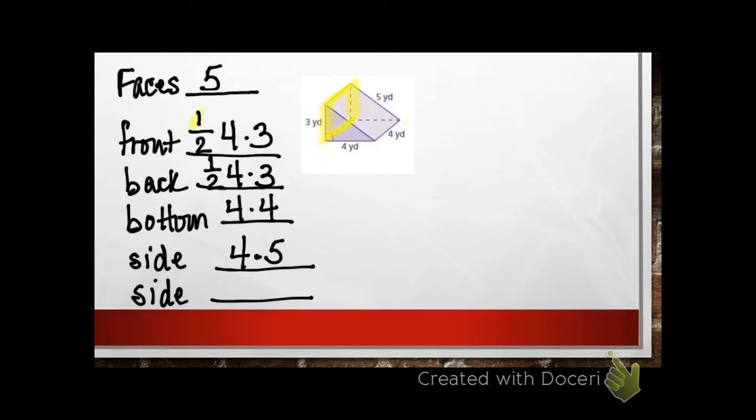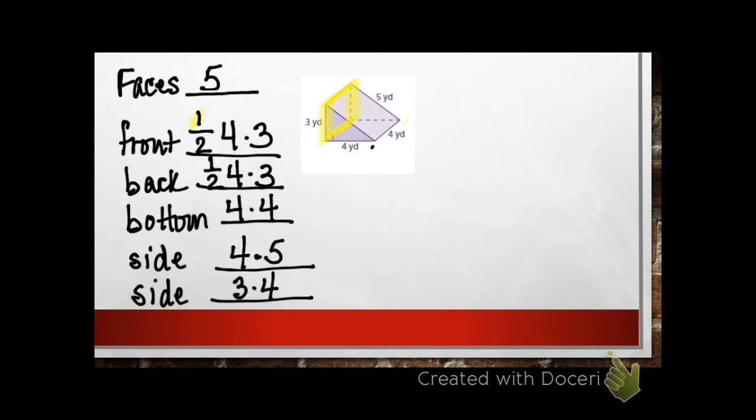What is the area of that? Did you get 3 times 4? Good. We know it's 4 going across the bottom on this side, so it has to be 4 on that side, and it's 3 yards high.